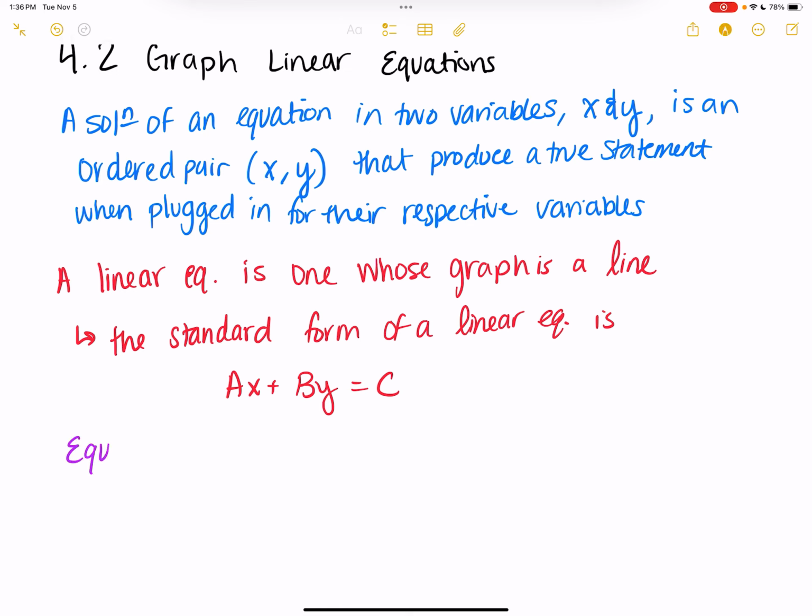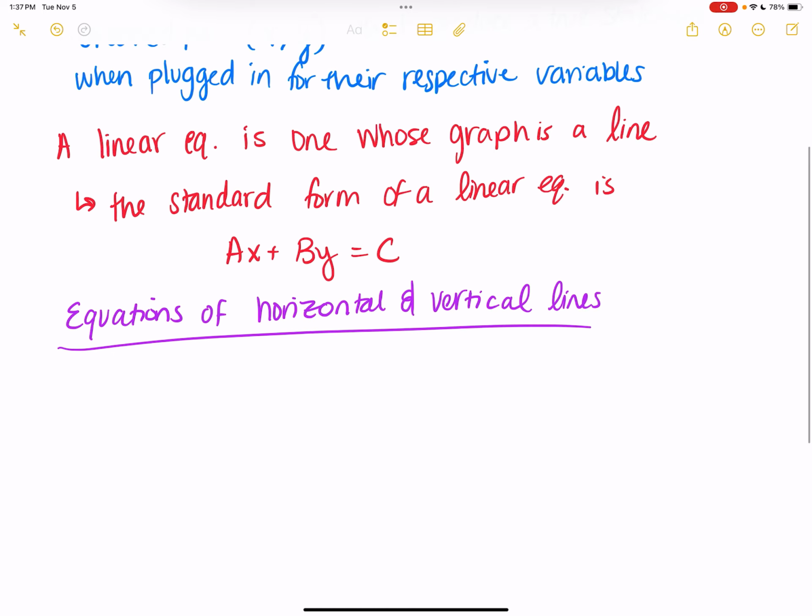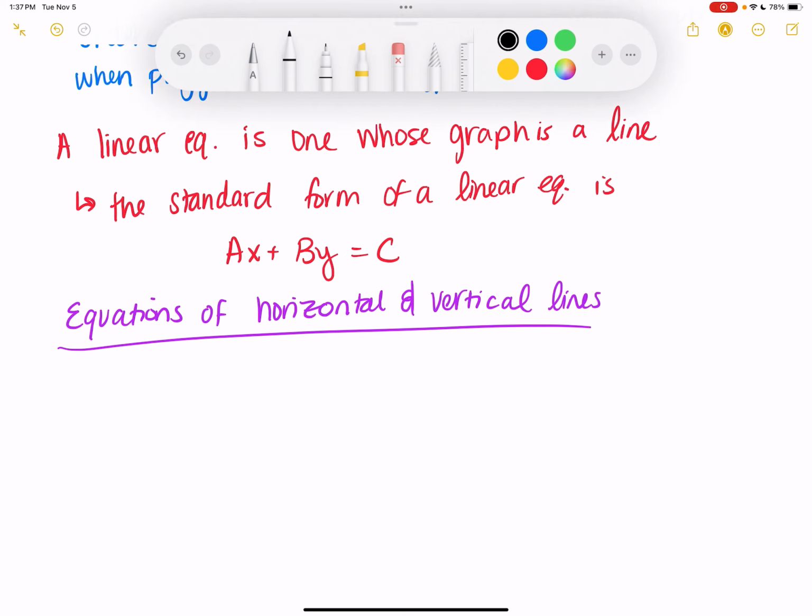Equations of horizontal and vertical lines. So if I have a graph, I'm going to go ahead and set up two graphs and do them side by side.